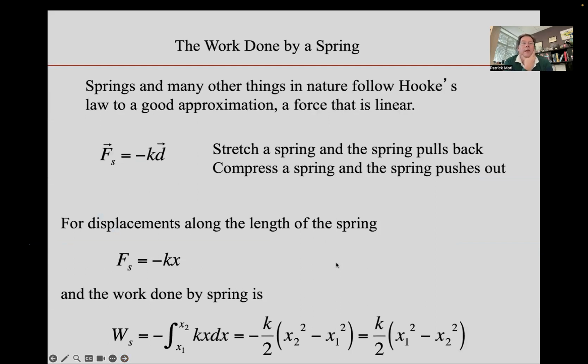Talk about a spring. You could have just a general force that depends upon position. We're also going to think about a specific case for a force that obeys Hooke's law. Hooke's law is a remarkably useful force.